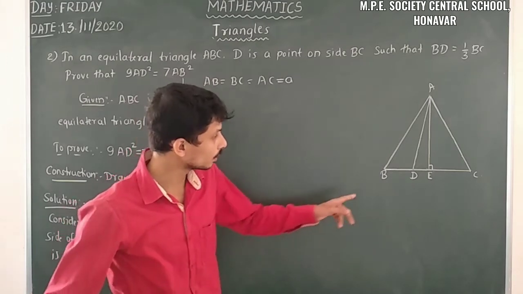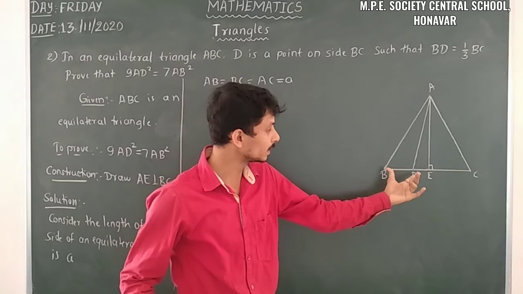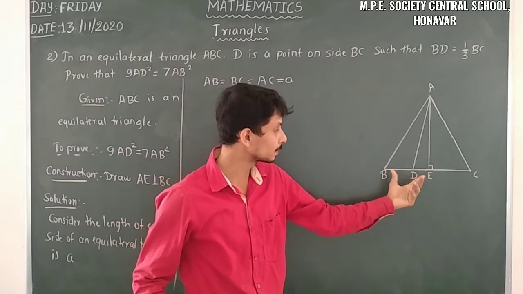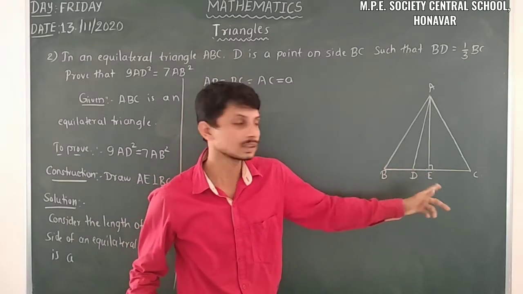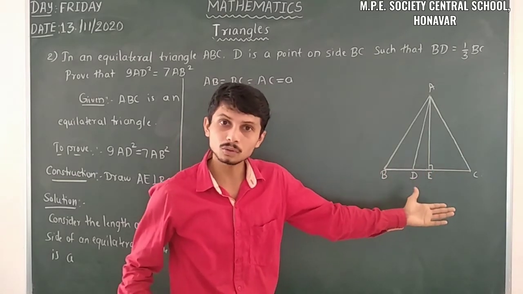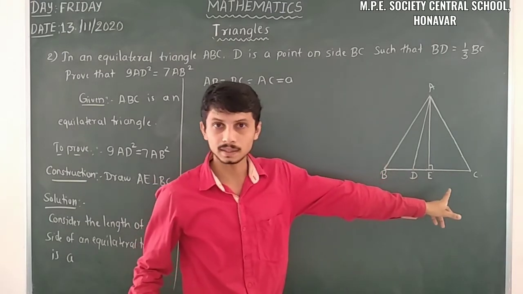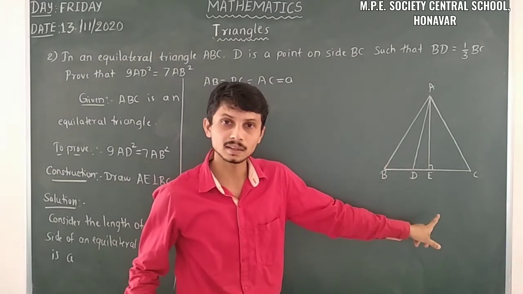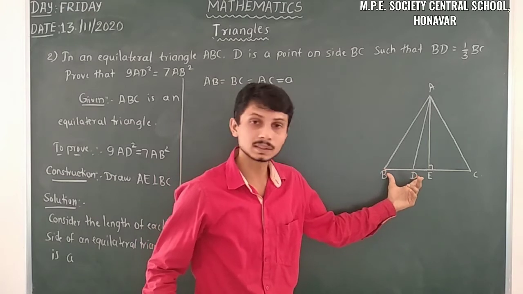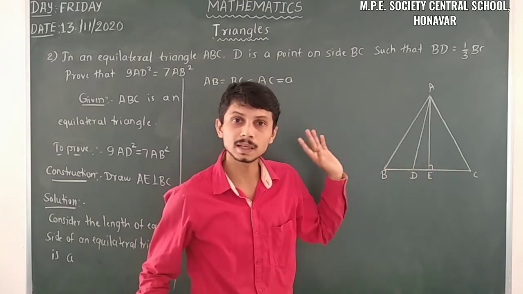So here just observe, here we have drawn the altitude. So the altitude splits, this point E splits BC into two equal parts. So that's why we can take BE is equal to EC is equal to A by 2, because the complete side is A. It splits into two parts, so each part is A by 2.